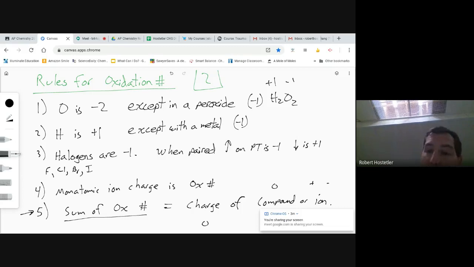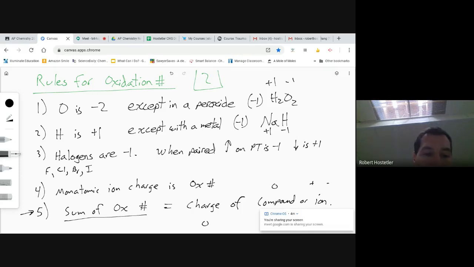If you throw it in with a metal, like if you have NaH, now the metal is going to have the positive charge, and then the hydrogen will act like the non-metal in that situation. So it's a metal wannabe unless it's with the metal, and then the metal's like, nuh-uh, I get to be the metal.